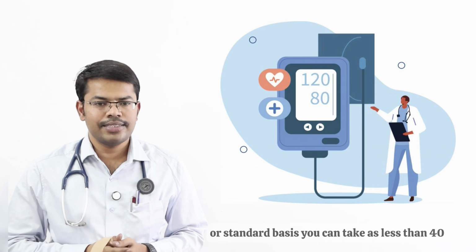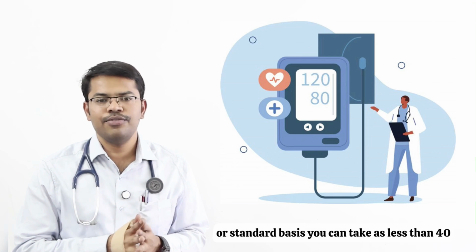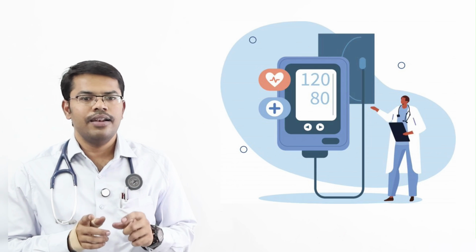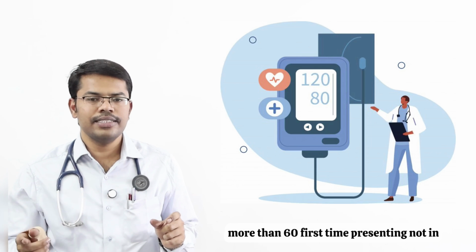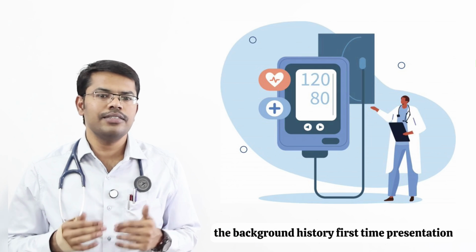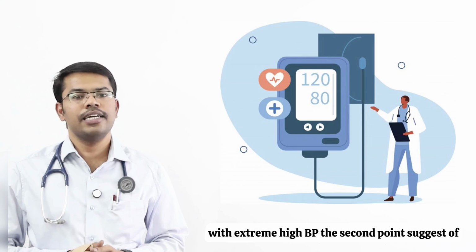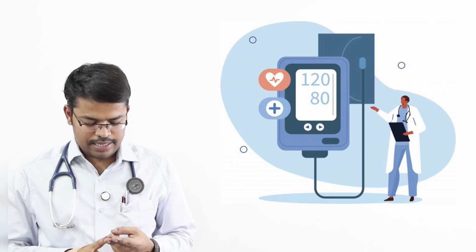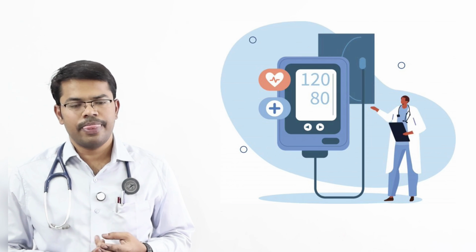On a standard basis, you can take less than 40. Less than 40, more than 60, first time presenting, not in the background history. This is the second point suggesting secondary hypertension.